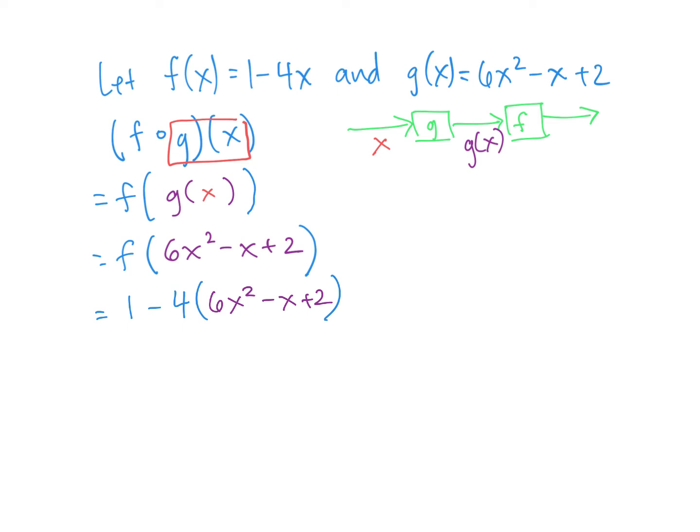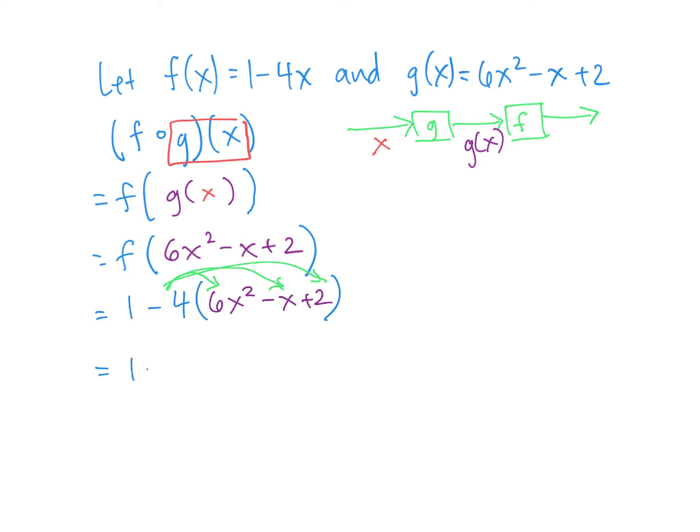And then we simplify. What does simplify mean? We get rid of parentheses and then we combine like terms. So the only pair of parentheses I have are right here. So I'm going to have to distribute my negative 4. And then I'll look at combining like terms.